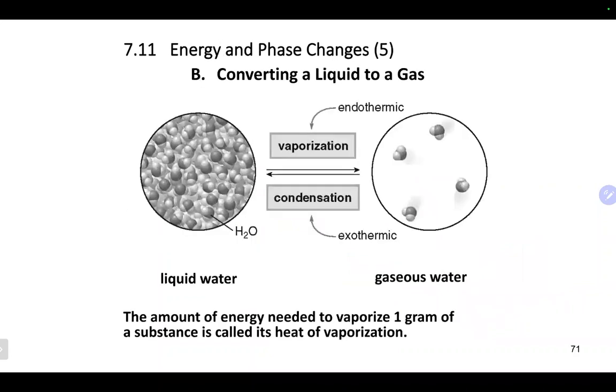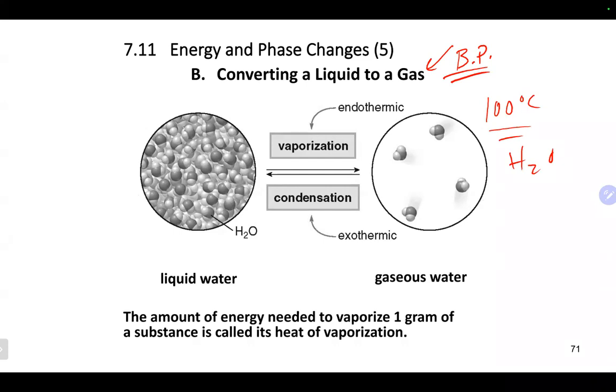In addition to the phase transition that occurs at the normal melting point and freezing point, which is what we just looked at, the normal boiling point is where we get the transition between liquid to gas or gas to liquid. Both of these processes happen at the same temperature. For water, that's 100 degrees Celsius, and exactly at 100 degrees Celsius you have both phases in equilibrium with each other.